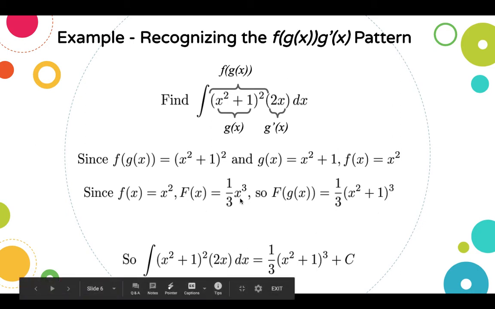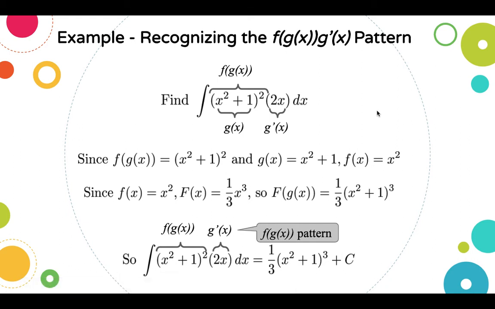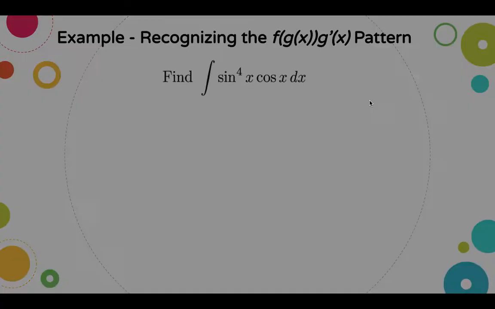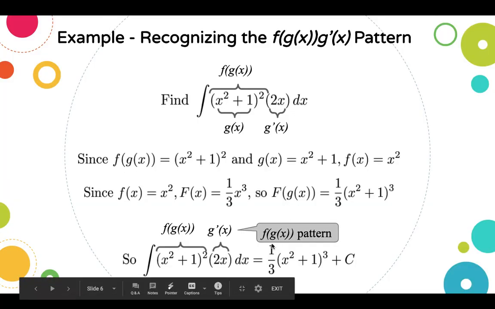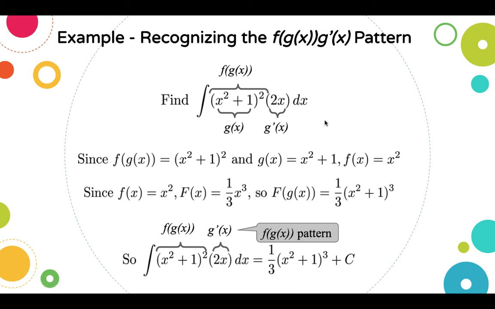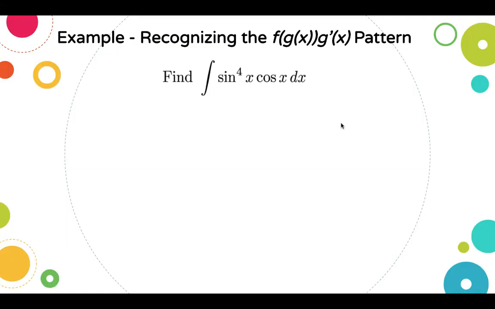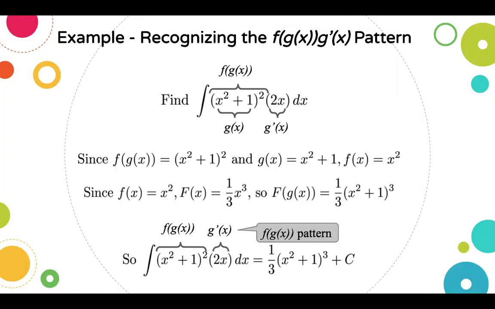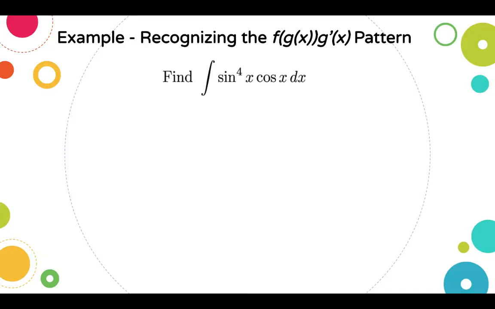And so our integral, with that f of g of x times g prime of x pattern, is just the antiderivative of f evaluated at g. With a little practice, you start doing this a lot easier. We'll go through it with this example.